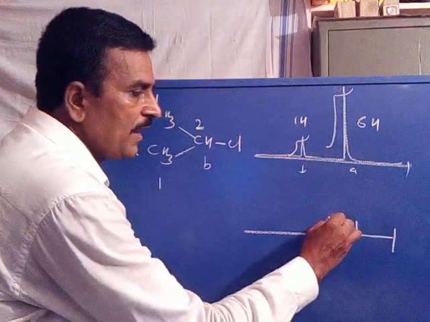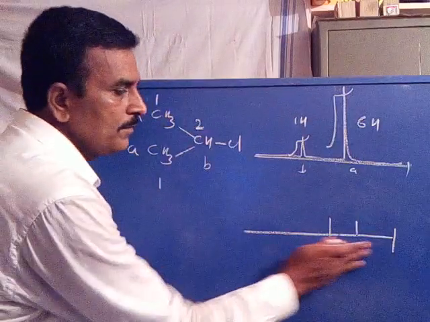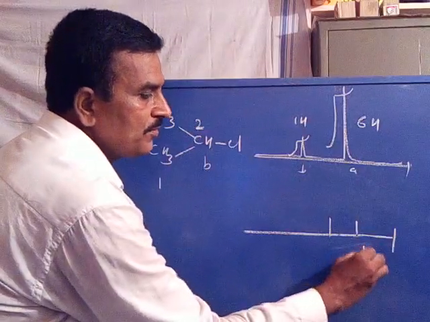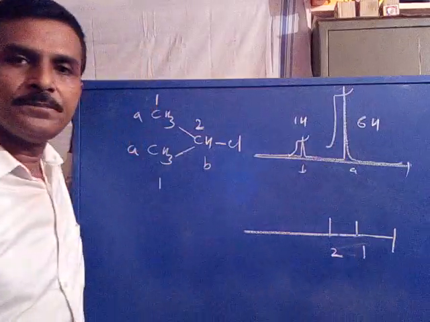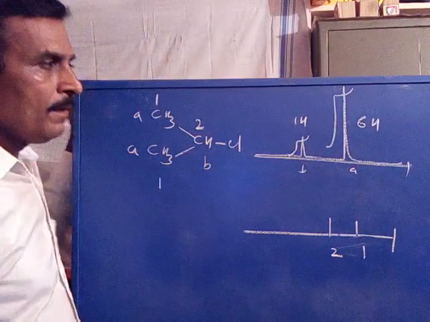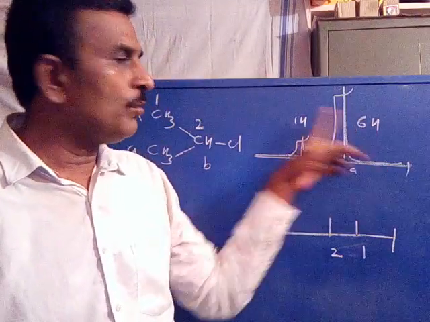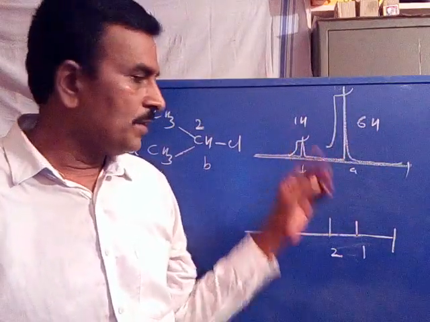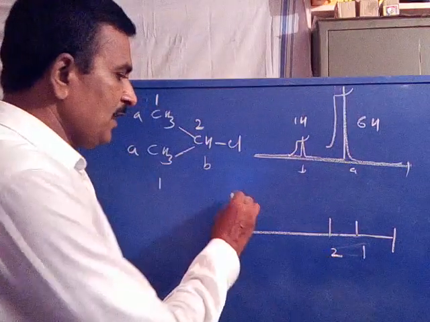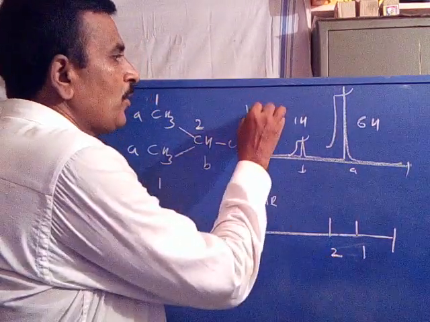One signal for A, second signal for B. First carbon, second carbon. You can observe the difference. Here, integration is possible to count the number of hydrogens, whereas the C13, this is CMR, 13C NMR. This is proton NMR.